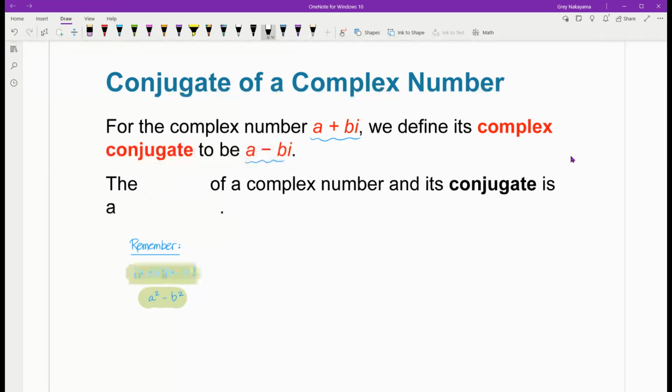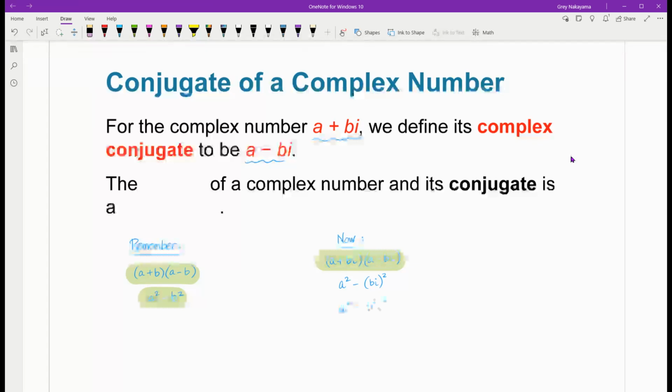Okay? Now, if we apply that to our situation now, I'm going to have a plus bi times a minus bi. I'm still going to square the first term and subtract and square the last term. But you got to remember, when you square bi, then I'm going to have a squared minus b squared i squared.